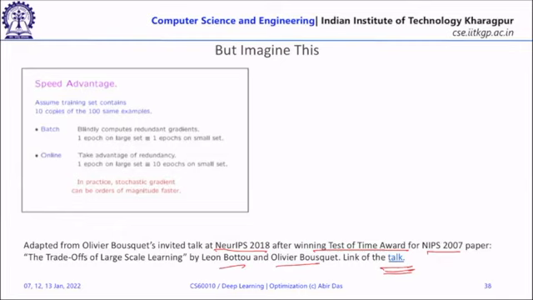So assume that your training set contains duplicates, some duplicated copies of the same examples. Suppose you have 10 copies of 100 same examples, and I am just taking one such 100 example batch.